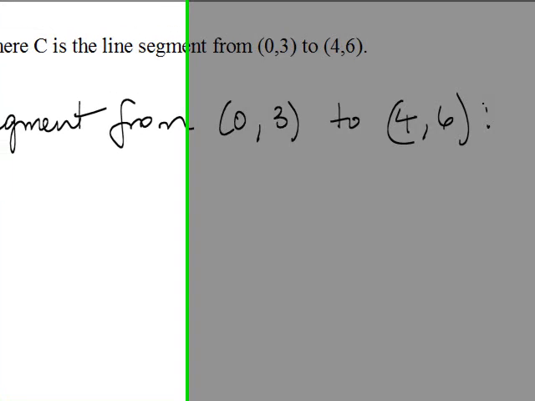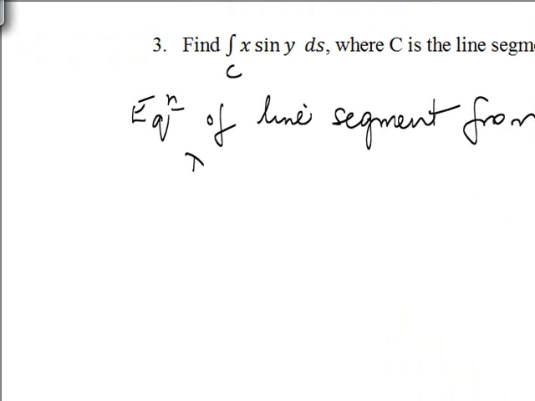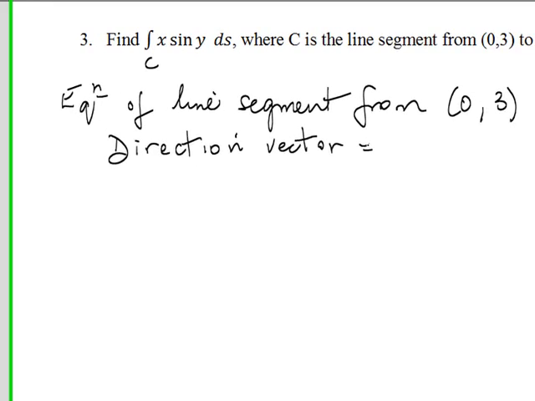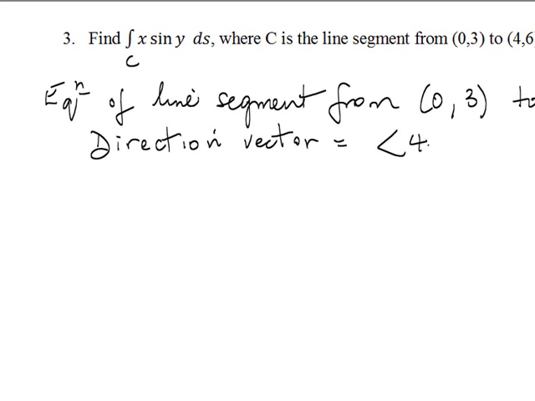So let's go over the steps. The direction vector is equal to, all you do, remember how to do that, you just subtract. The second minus the first, and yes, this is (4,3).